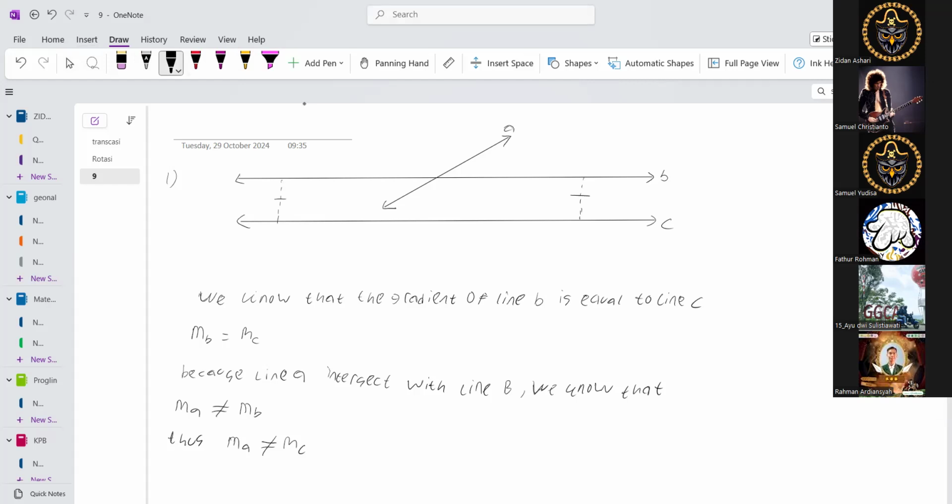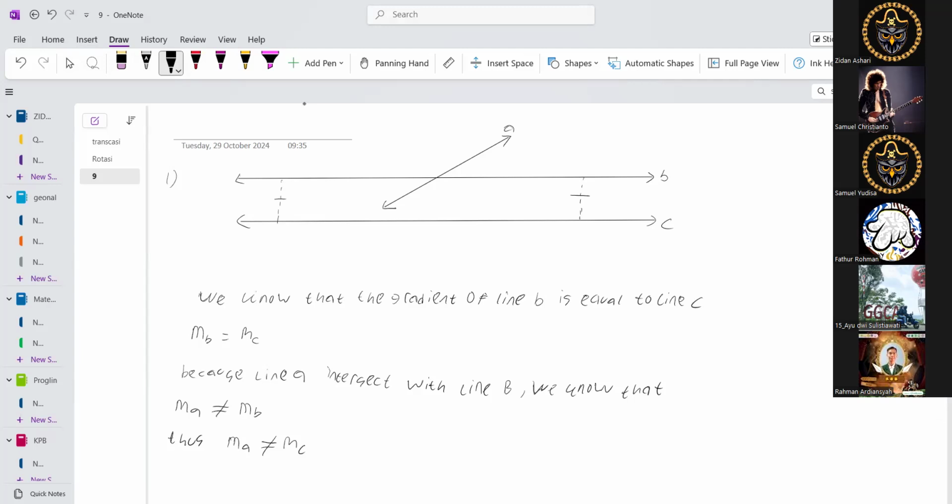So line B is parallel to line C, which means the gradient is the same, and the distance between them is still the same wherever along the line.